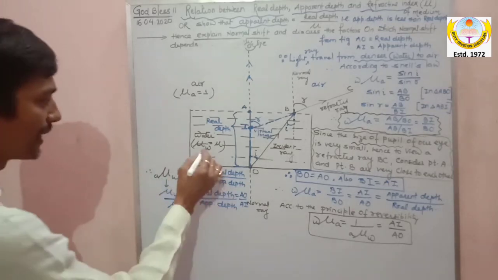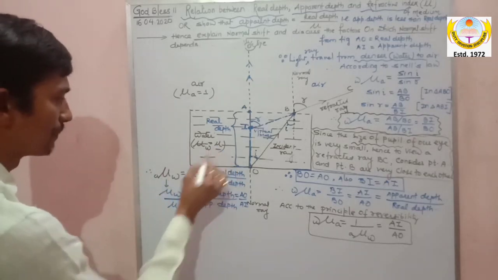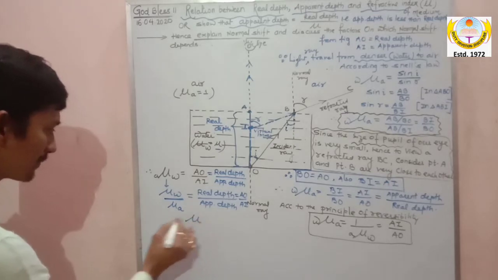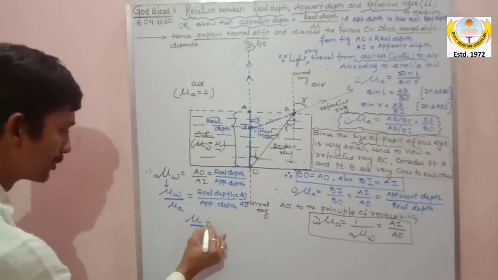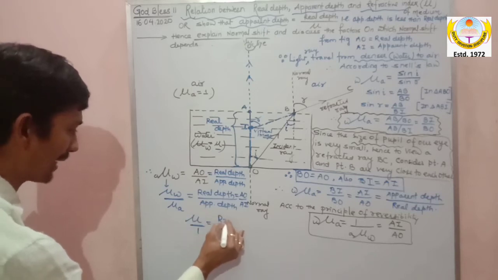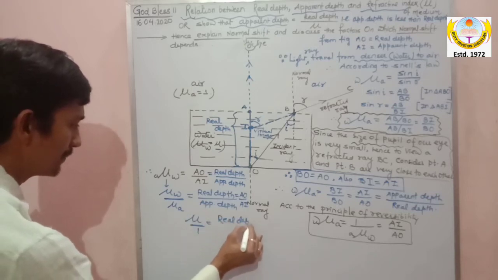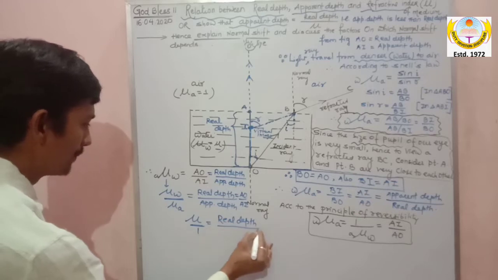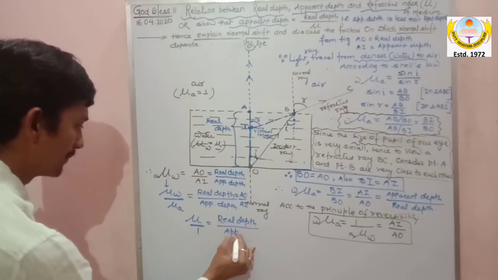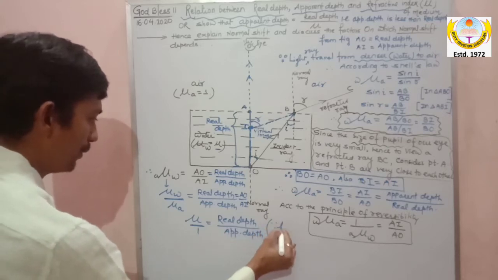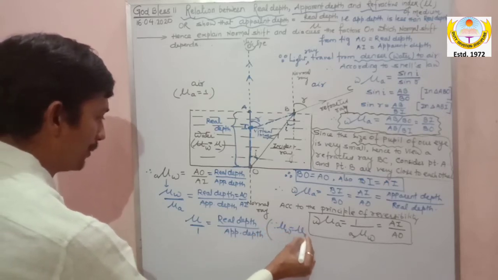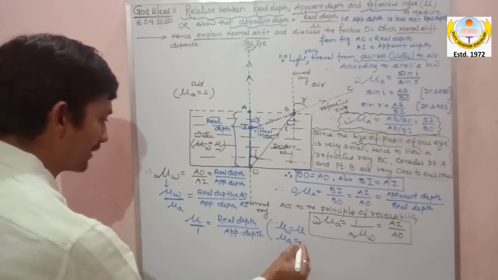But mu of water is how much? Look at the diagram. It is mu. And mu of air is how much? 1. So mu is equal to real depth upon apparent depth, since mu of water is equal to mu and mu of air is equal to 1.